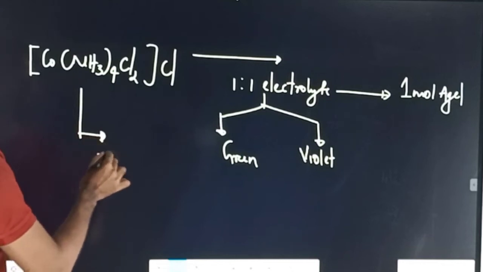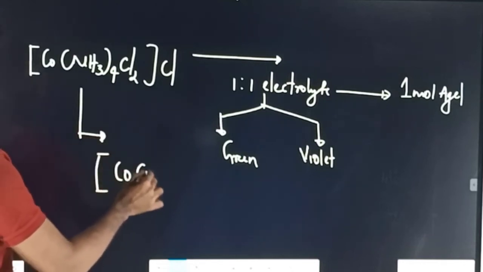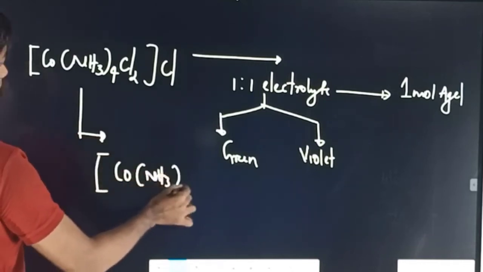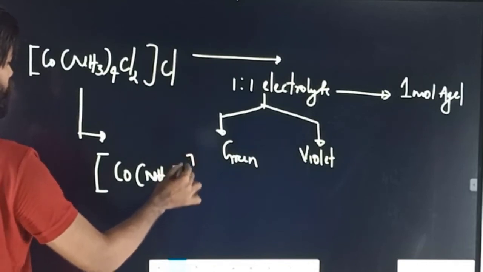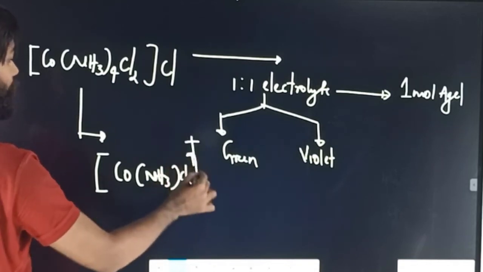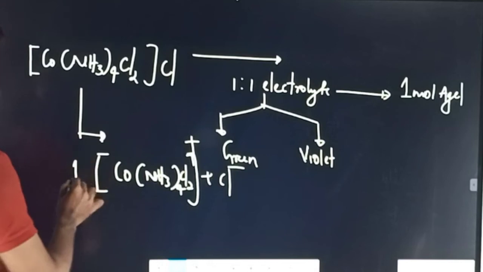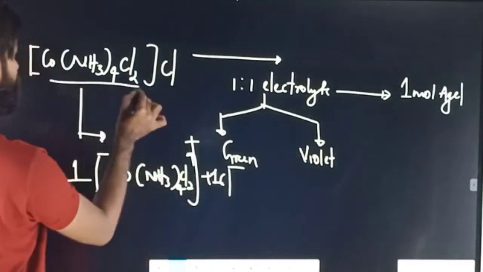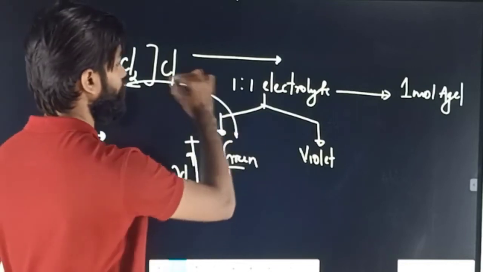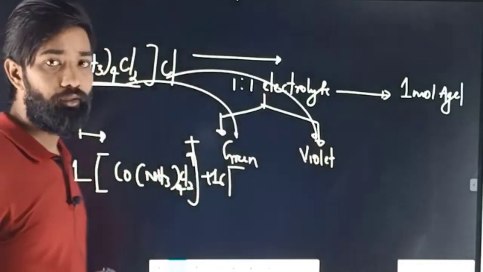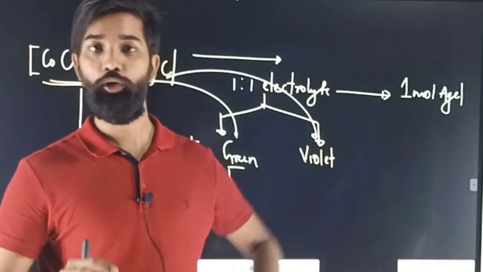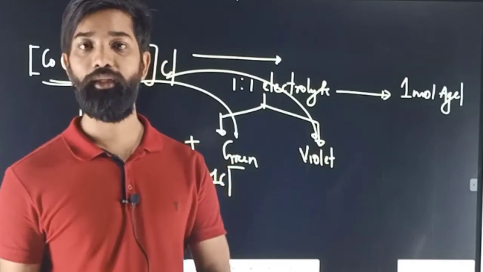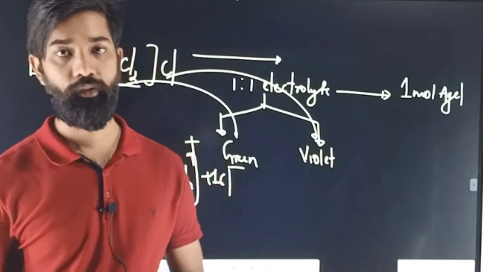Because this on ionization forms what? [Co(NH3)4Cl2]+ and Cl minus. So this is a type of 1:1. So the very same formula can have two different colors, green and violet, and he realized that molecules with the same formula can have different properties.